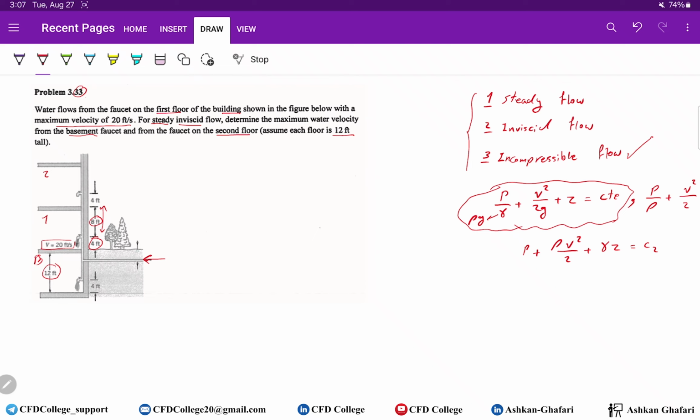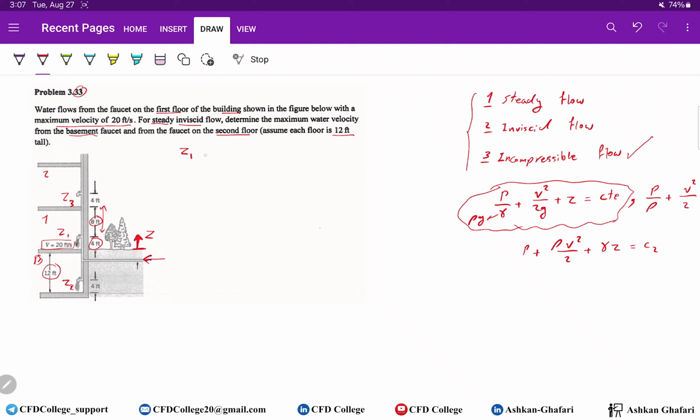If we consider the axis like this, here we have Z1 at the first floor, Z2 at the basement, and Z3 on the second floor.